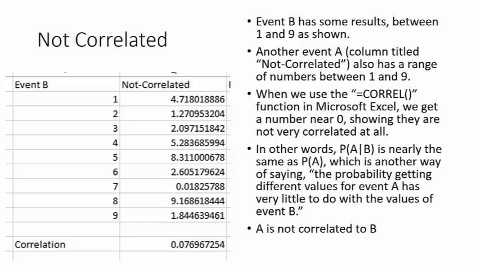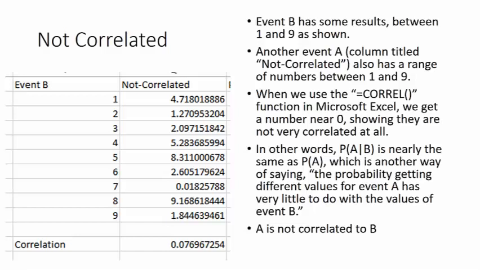So a correlation, you can see, is calculated on the bottom row of that Excel spreadsheet, and it's 0.0769. It's practically zero. It's a zero correlation between those two numbers because event B was clearly getting bigger and bigger, and the other not correlated event is just kind of random and scrambled.